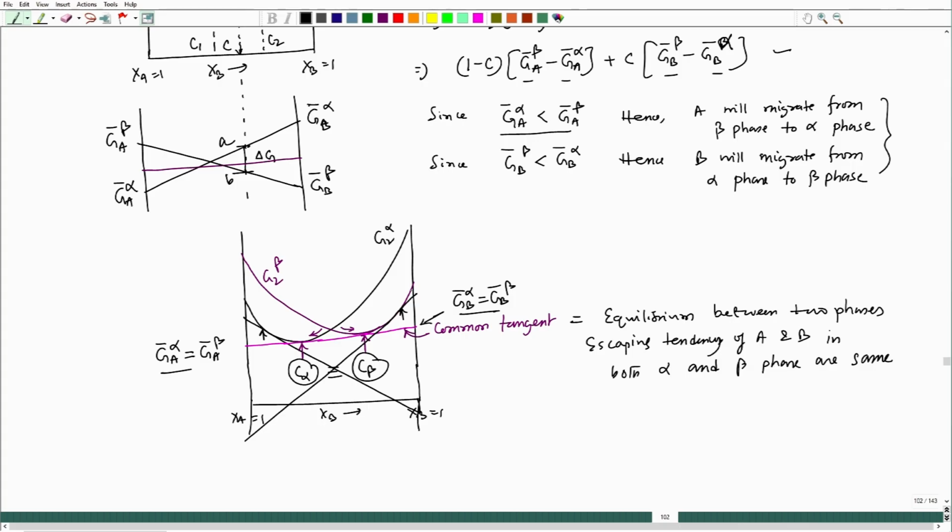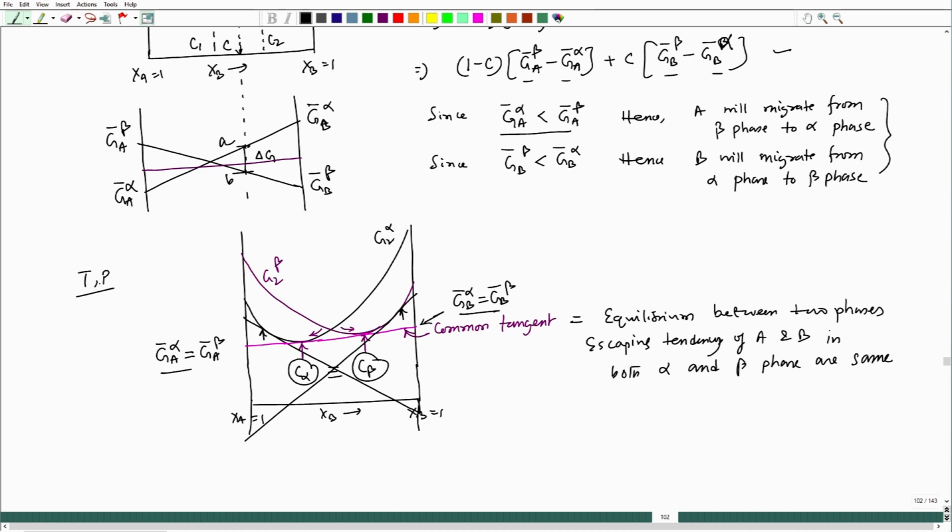I see that again there is a net difference between the chemical potentials of A and B in both the phases. So, for any system, and these are all at a particular temperature and pressure. Remember, temperature and pressure are constant, are fixed. So, that means we are under thermal and mechanical equilibrium.